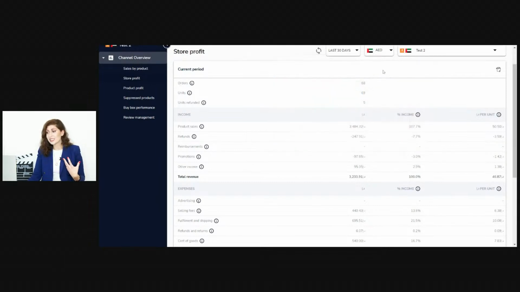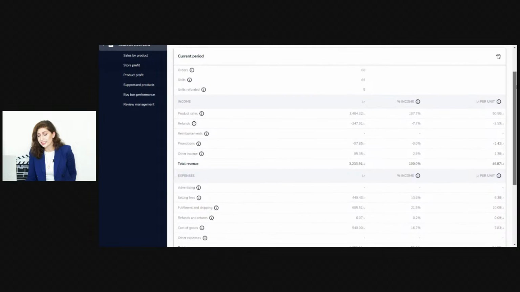If you want to analyze exactly what your profit is, not just how much money you're making when it comes to revenue. The numbers that you see on your dashboard on Amazon Seller Central when you log in are revenue. So this is how you should be breaking down how much money your store is generating.